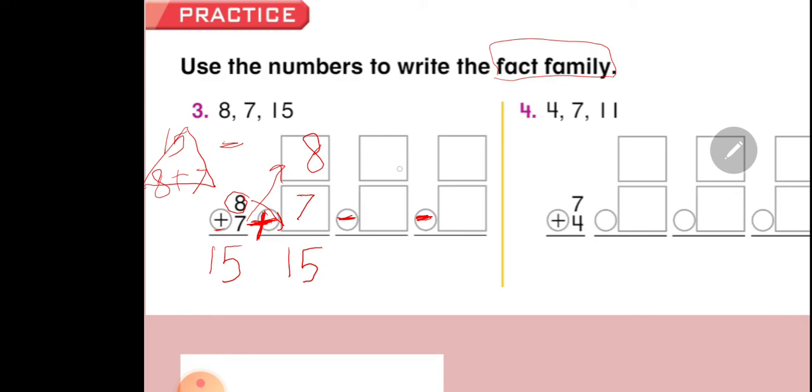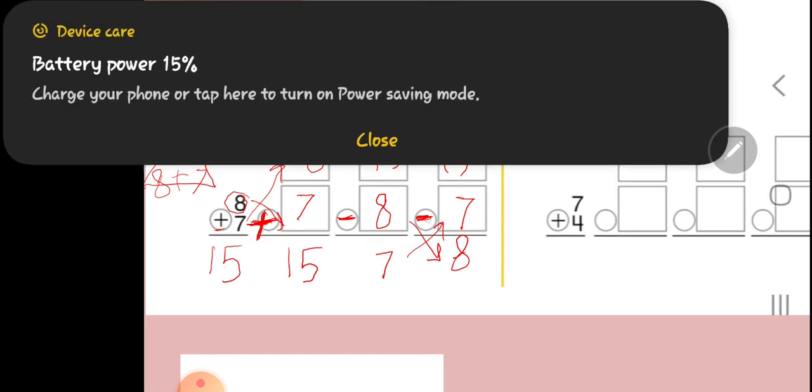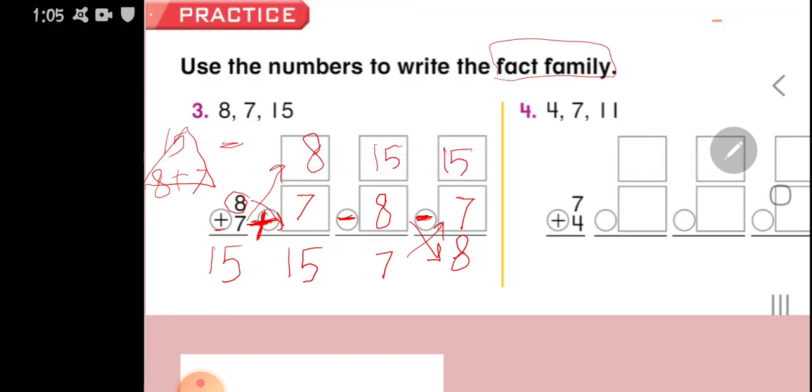Minus, you always start with the whole big number, 15, 15. You see how I write here 15 and 15? Now change the places. One time you write 8, one time 7. So here 7, here 8. Here you go. How many related facts do I have? 4. 2 for add and 2 for subtract.